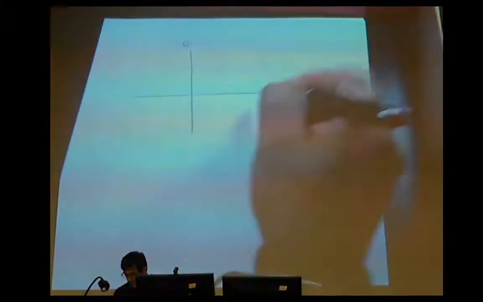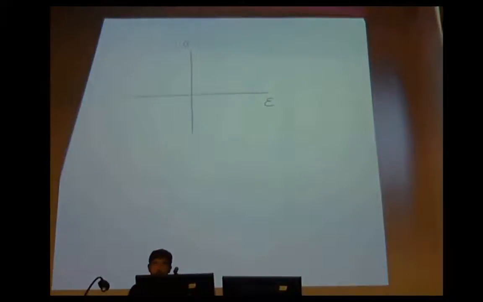What this means is this: strain. So 10% would be 0.1.